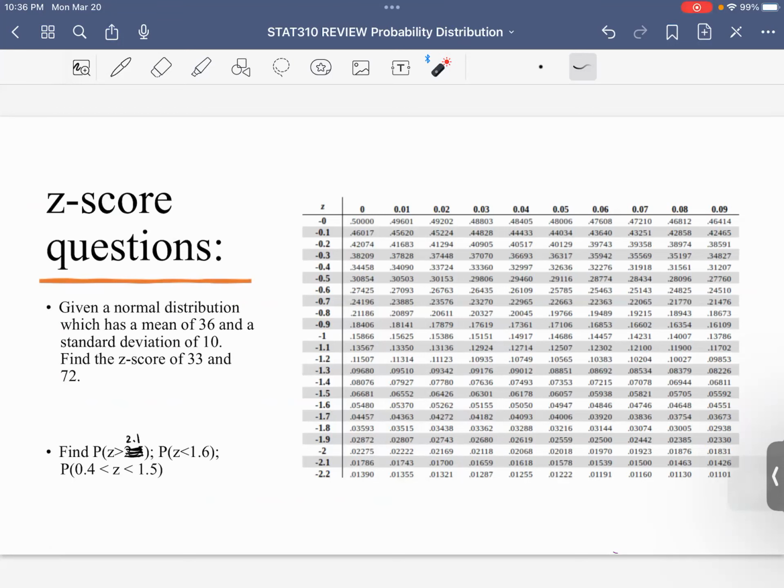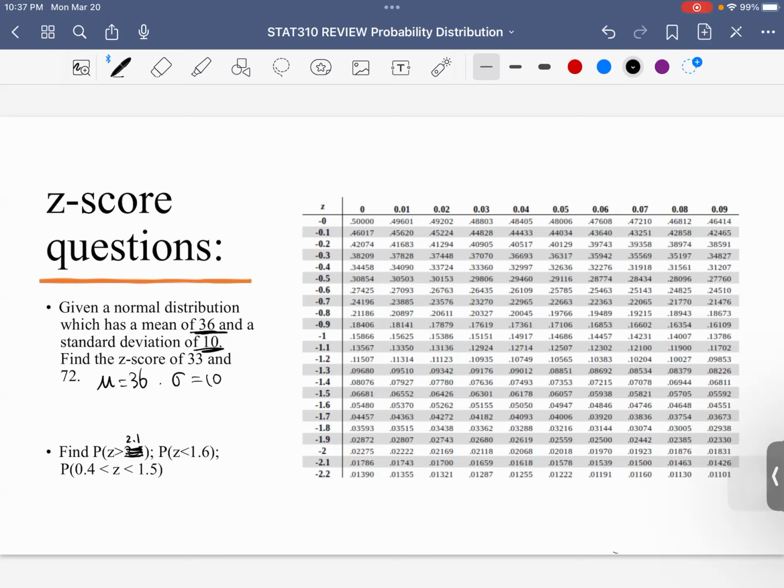Here are two examples. You should pause the video and try to do it by yourself. It's quite straightforward, so I will go through it now. The first one says the mean is 36 and the standard deviation is 10, which means mu is 36, sigma is 10.